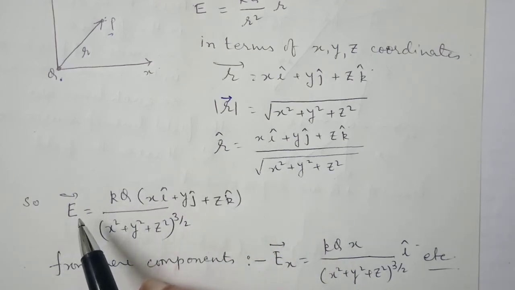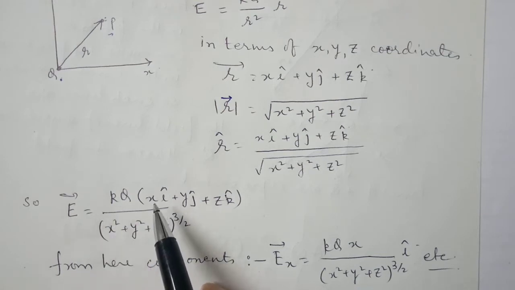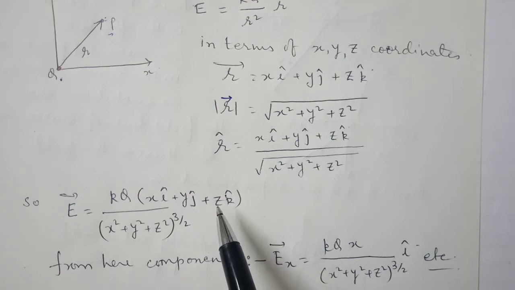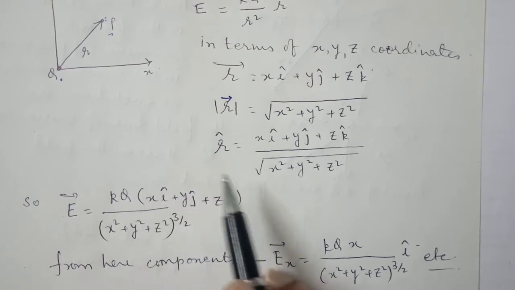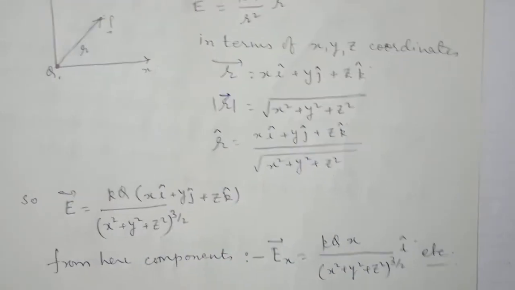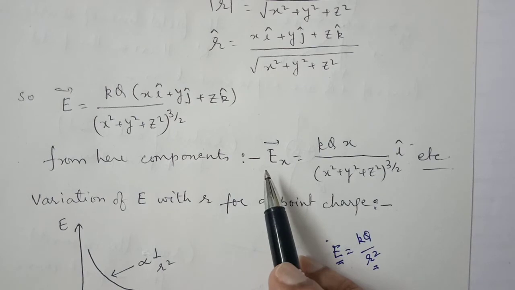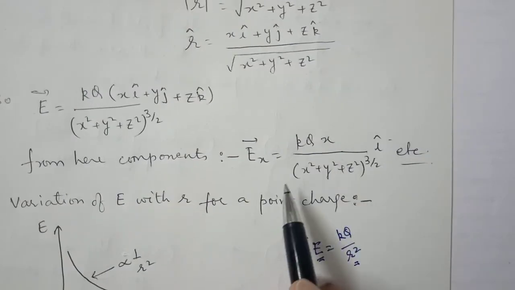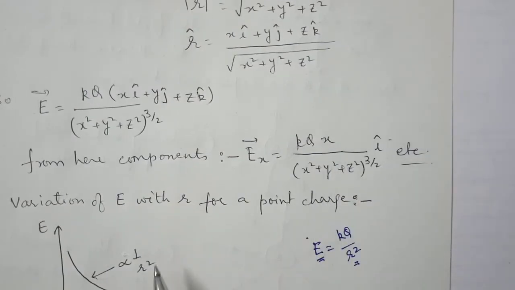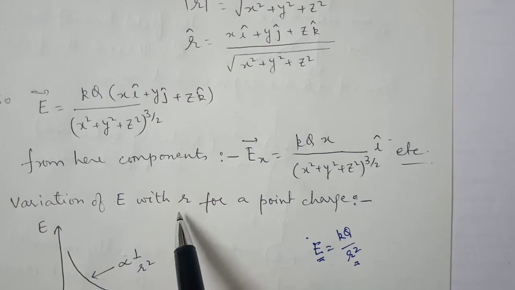Now, as I said, components of field: Ex, x component will be given by this, y component by this, and z component by this. Presently it is all three components over here. So x component specifically will be kqx upon this.